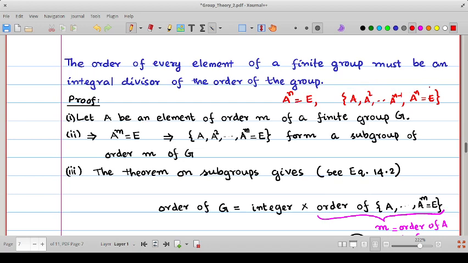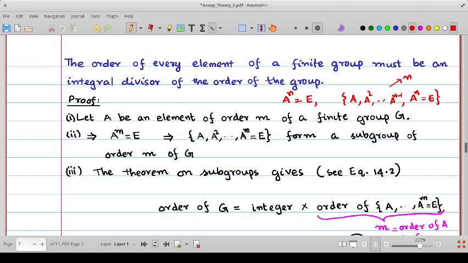Now, the order of this subgroup is n. So that means, given an element A of order n, it will form a subgroup given by A, A square, etc., up to A to the n, which is the identity, a subgroup of order n.